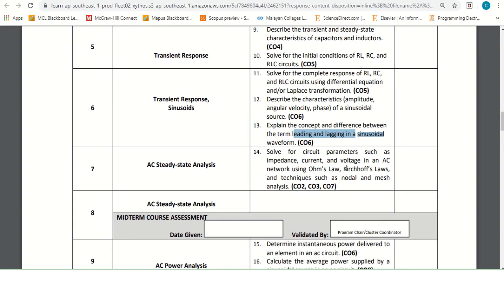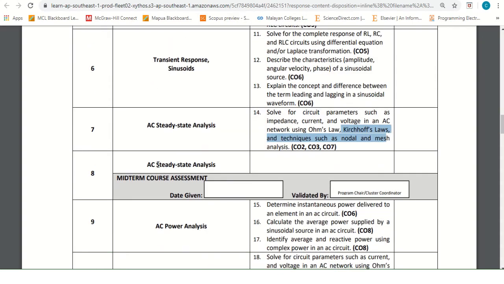So like Kirchhoff's laws and nodal and mesh analysis. So the same concepts that you have learned in DC analysis will also be applied in AC analysis. And on the eighth week, we'll be conducting our midterm course assessment.